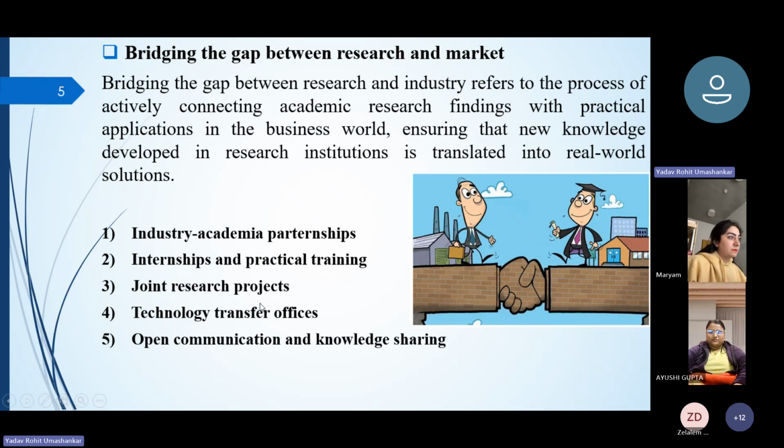Technology transfer offices. This is generally a small unit in every research institution, like in our institution also. The technology transfer office looks after intellectual property management.